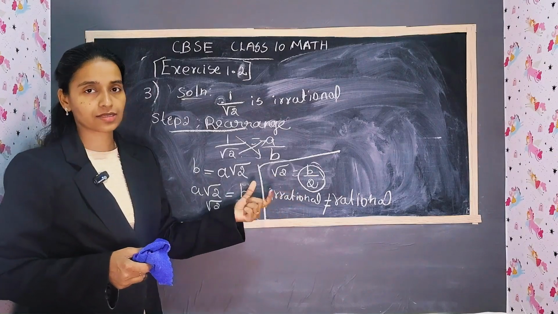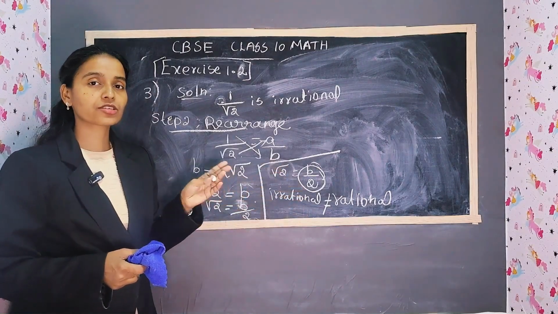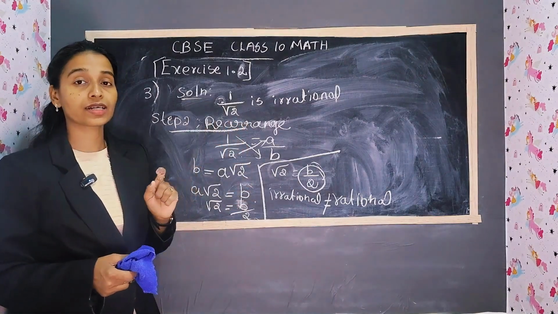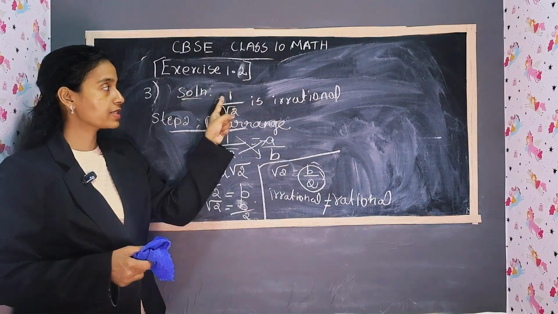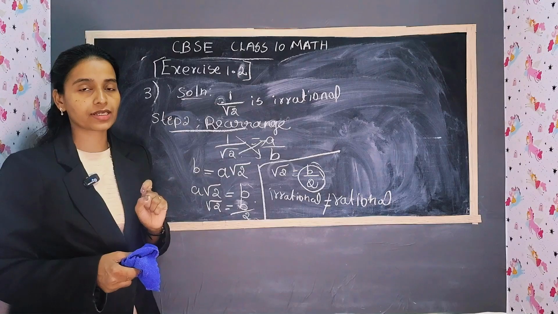This is a contradiction. So our assumption is wrong. In step number 1, what we had written: assume the opposite, this 1 by root 2 is rational. We assumed that only, right?